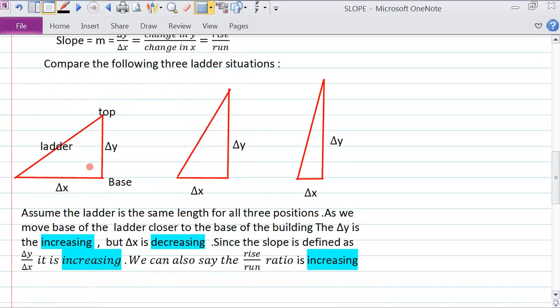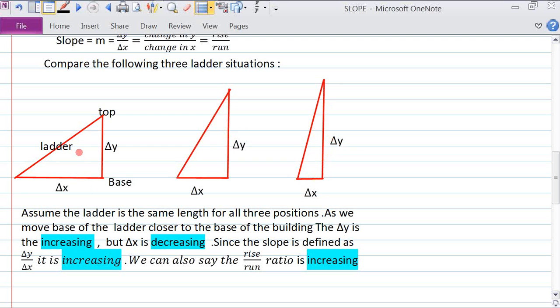And we take these situations, 3 ladder situations. Imagine we keep moving the ladder closer to the base of the building and higher up the wall. So here we've moved the ladder from here to here. We've moved it closer to the base of the building, and it extends further up the wall, and we even shorten the distance right over here.